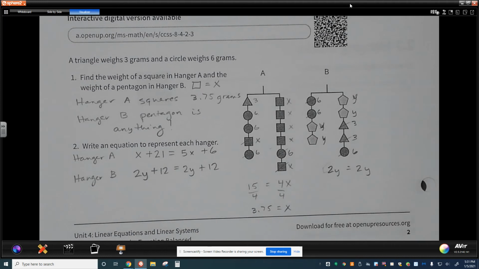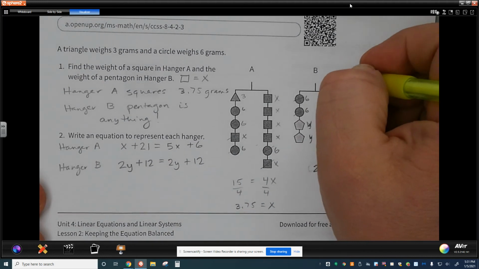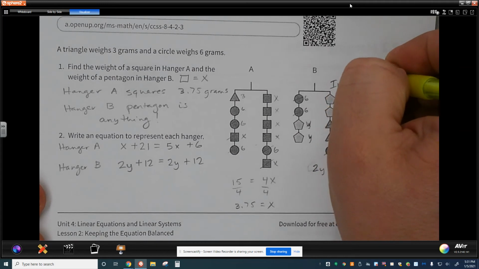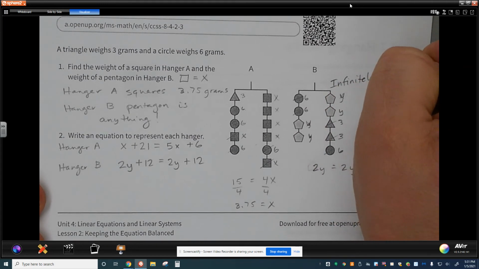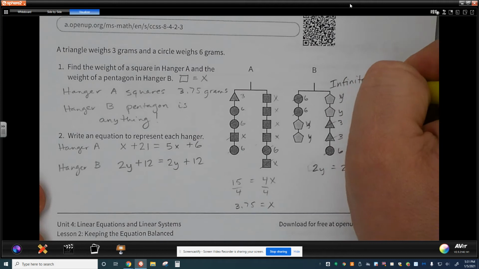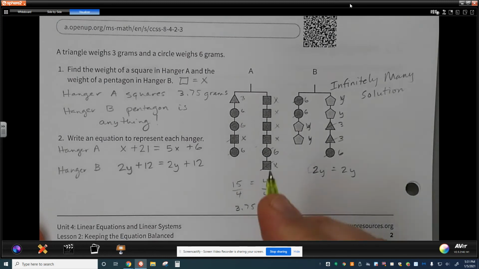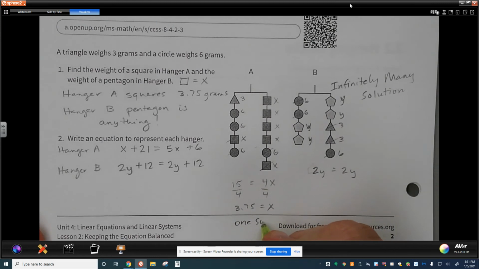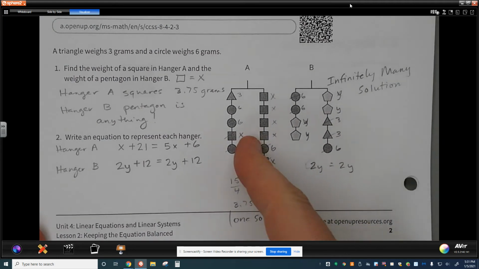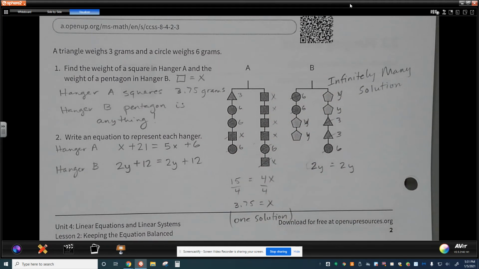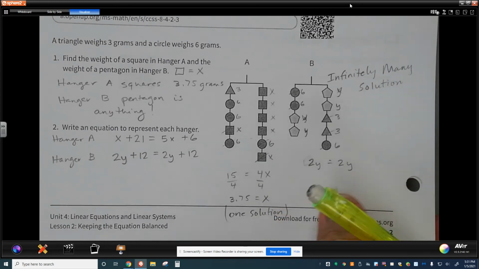In B, just a little sneak peek for that, this is what we call infinitely many solutions. That means there's an infinite number of answers that can be correct. But you notice for A, we came down, there is only one solution that will ever be correct for this situation for A, and there's an infinite number of solutions for B. Sneak peek what's to come down the road.